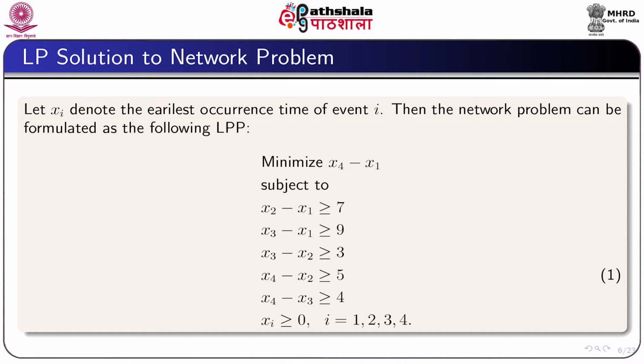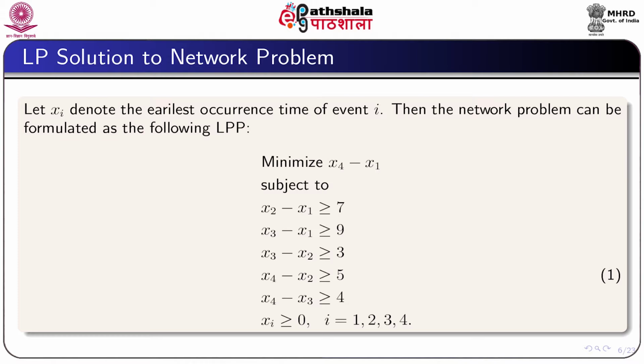Our objective would be to minimize x4 minus x1. x4 is the earliest occurrence time of the final event and x1 is the earliest occurrence time of the first event. So, we want to minimize the time difference between the first and the last events.